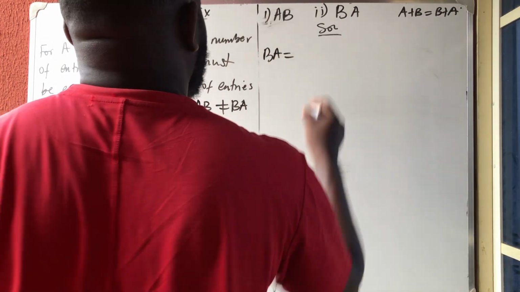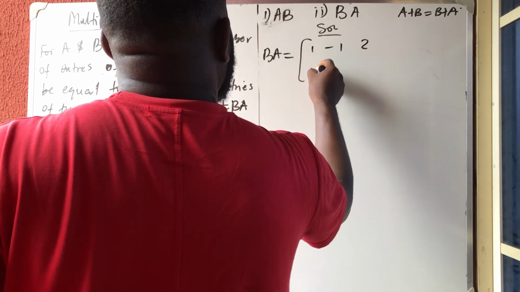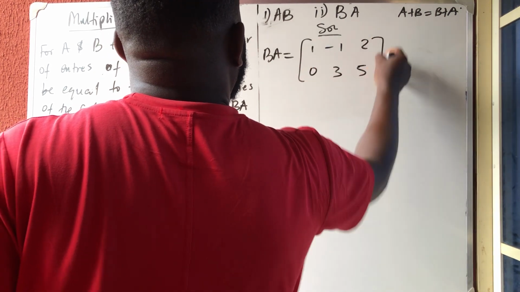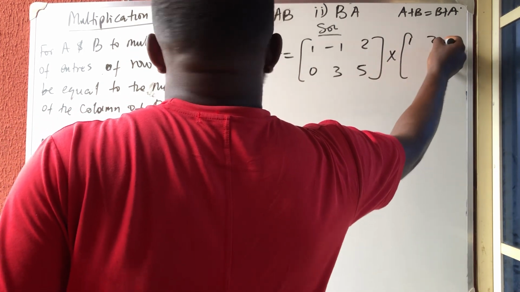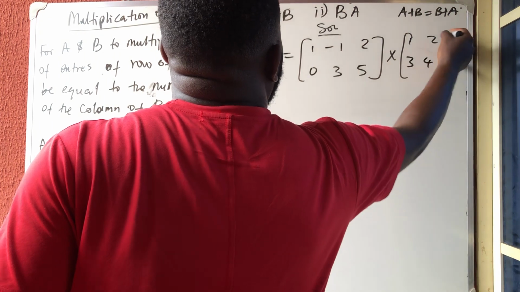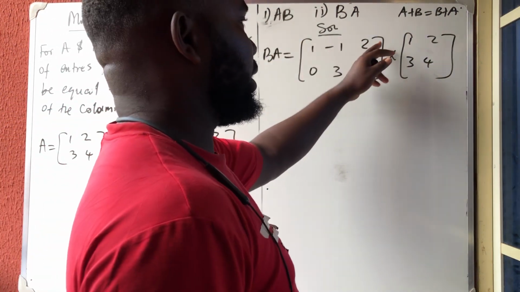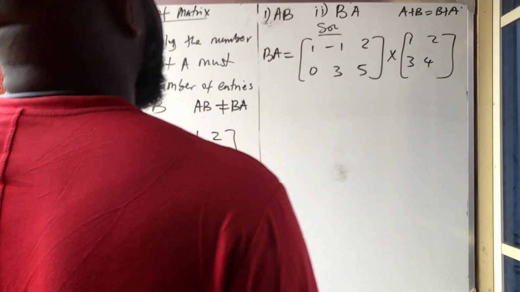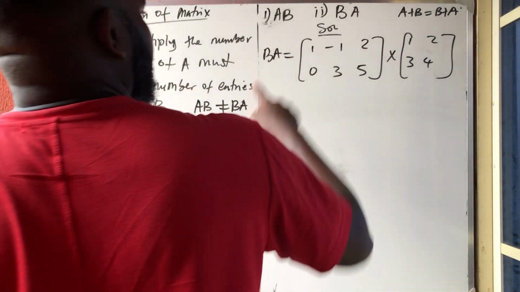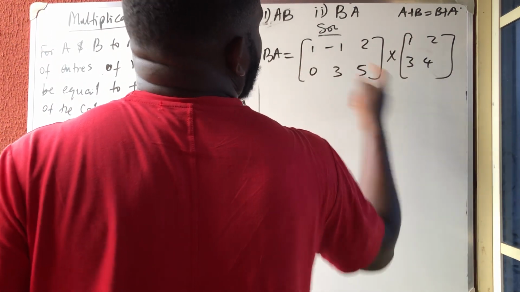BA is what? B first, which is 1, minus 1, 2, 0, 3, and 5, then times 1, 2, 3, 4. If you look at that, the number of entries in the row is 3, and the number of entries in the column here is just 2. It is not possible, because this will times this, and this one doesn't have anybody to times.